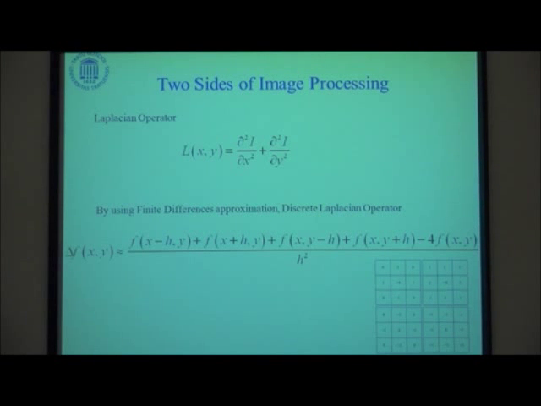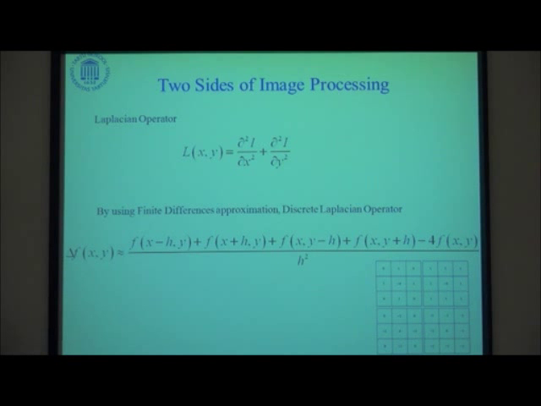Now, another example. We have something called a Laplacian operator, and you might be familiar with the Laplace operator from mathematics. Now, if we want to apply it to an image which is discrete and digitized, in other words, instead of the differential equation, we will have a difference equation. So we can estimate the above equation with what we have below.